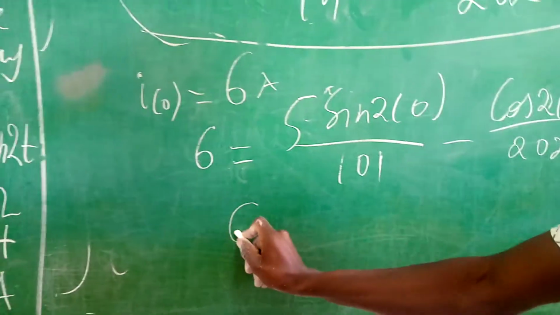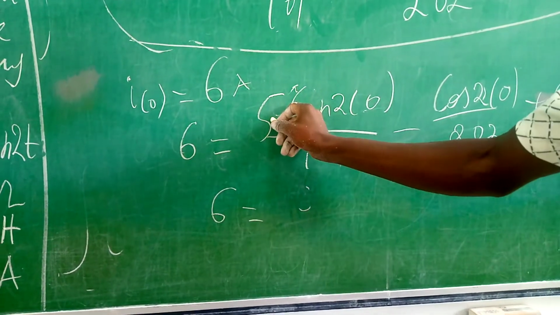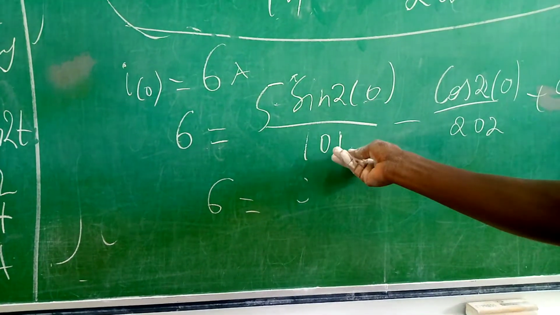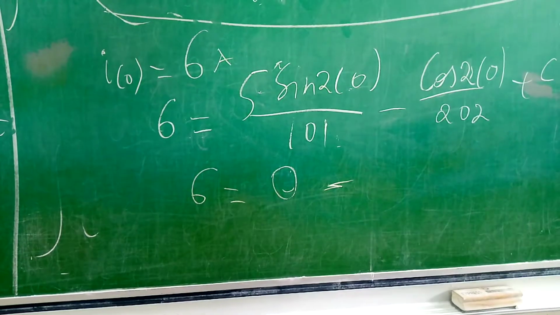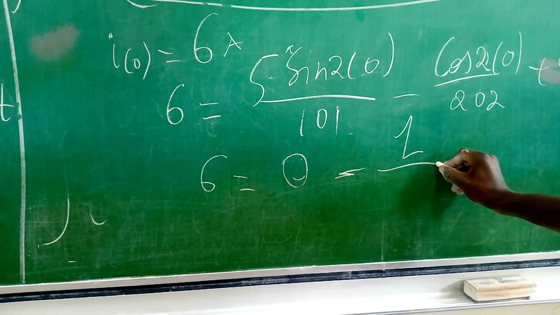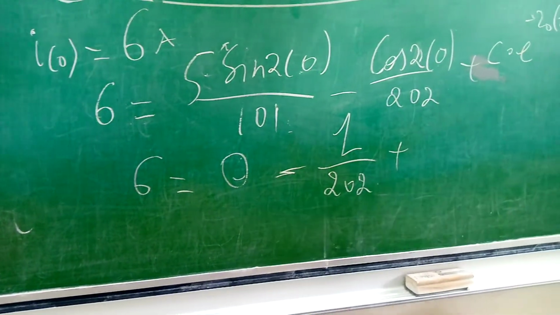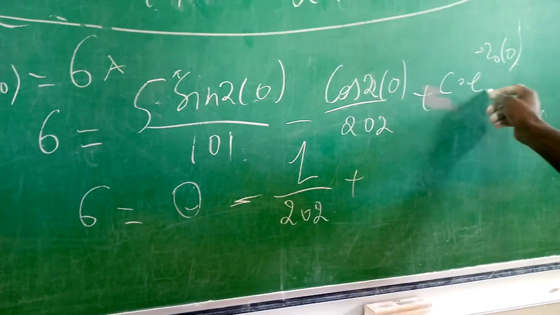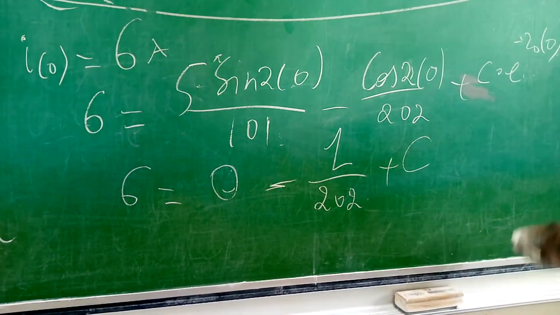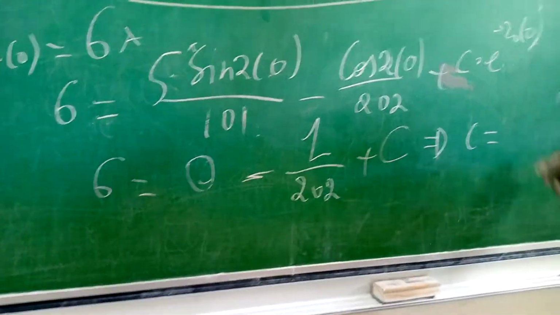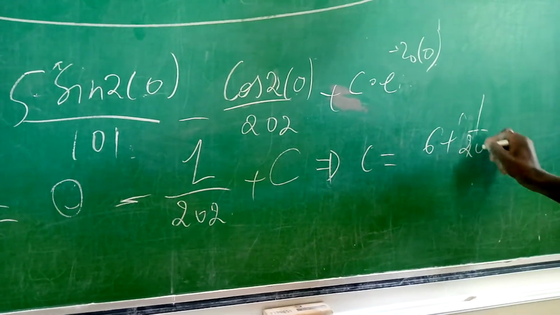This gives 6 equal to 0 minus cosine of 0, which is 1, over 202, plus e^0, which is 1, so we remain with c. Then c is equal to 6 plus 1 over 202.